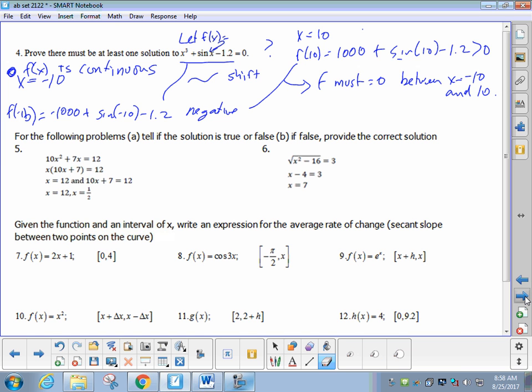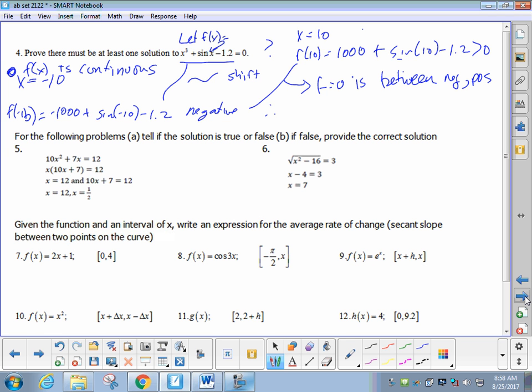Actually, what am I saying? I should say this better. F equals 0 is between these two, negative and positive, something like that. It doesn't have to be said just like this. You might be saying it better than I am.